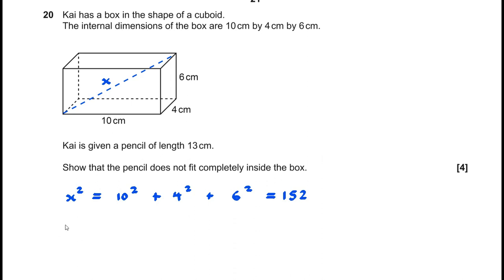Now, if I find out what x is, that's going to equal 152 square rooted. Now let's compare this to the size of the pencil.